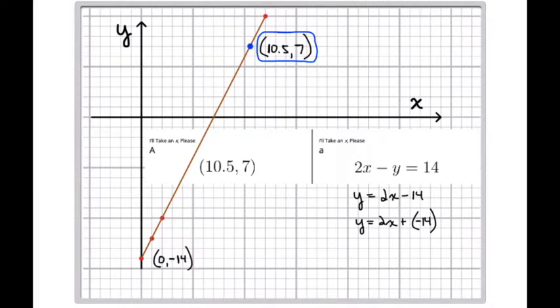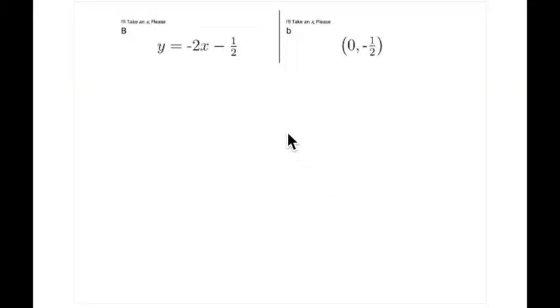additional problems. For the B cards, one student is given the equation y equals negative 2x minus 1/2, and the other student is given the coordinates 0, negative 1/2. And remember, these coordinates are a solution to this equation. So the student with the equation has to ask for either the x coordinate or the y coordinate.